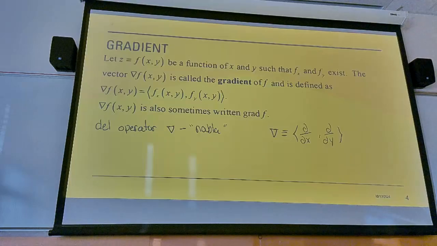Now again, it is an operator, which means by itself it makes no sense. This is why we write it like this. So it'd be this. And then you can kind of think of it like scalar multiplication for vectors, even though that's not really what we're doing.